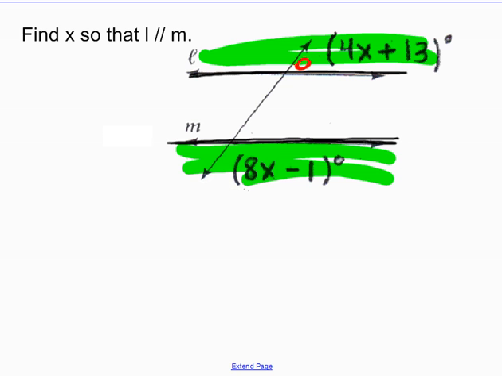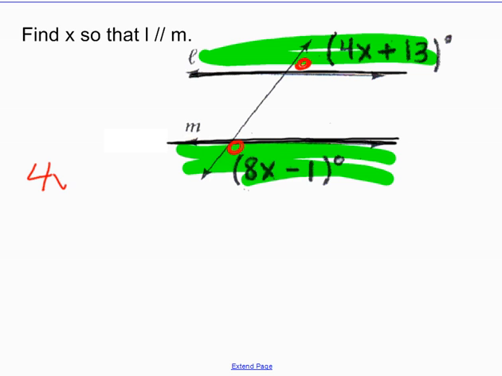That means they are same side exterior angles, which means they're supplementary. So I need to add them to 180.